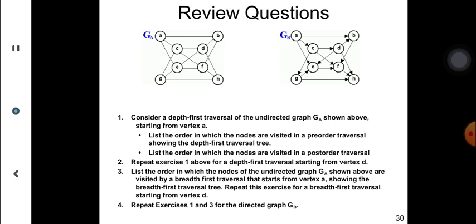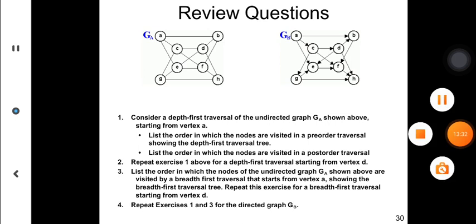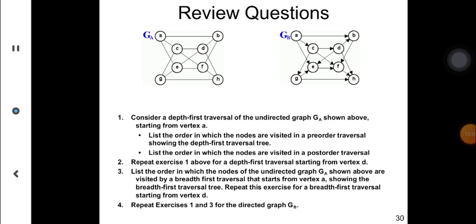These are some of the review questions. Generally you are given a graph and you consider the depth first traversal, then you write down the nodes in the way you are traveling through the graph. With this, I stop here, and we will also do hands-on programming with a graph data structure.